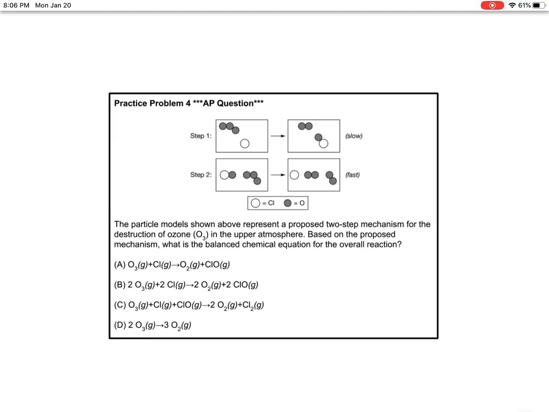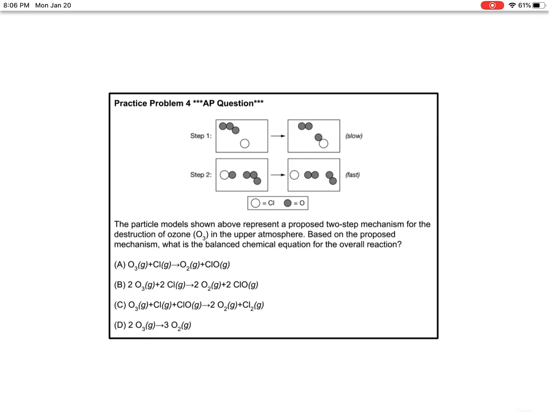Now, sometimes we might include them over the yield sign to tell people, hey, this is the catalyst that we were using in this reaction. But we usually will not see it as a reactant and a product, because remember, catalysts are not used up. It starts one way, it ends in that exact same way. So we're actually not going to use chlorine as a reactant here, even though I know that it's in this first box.